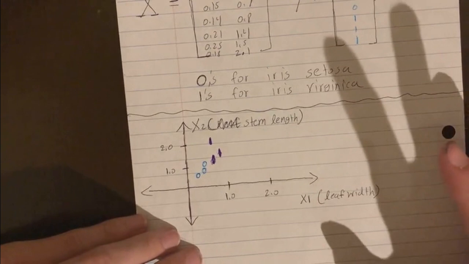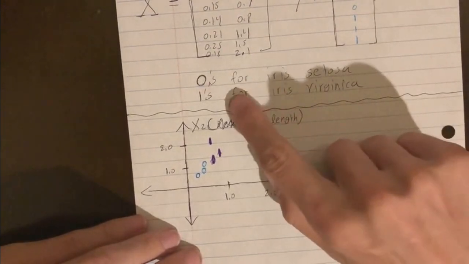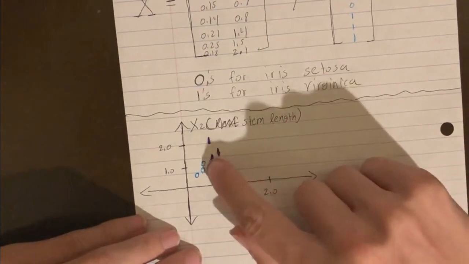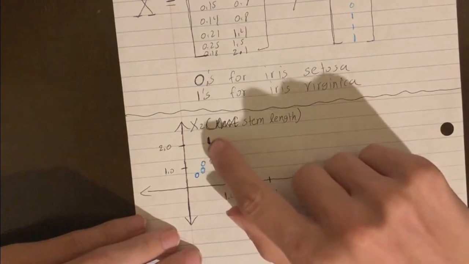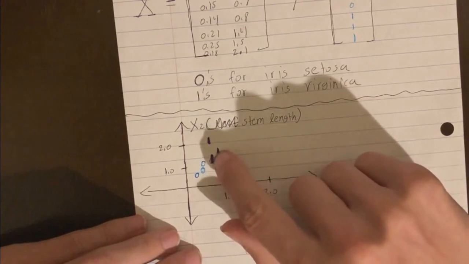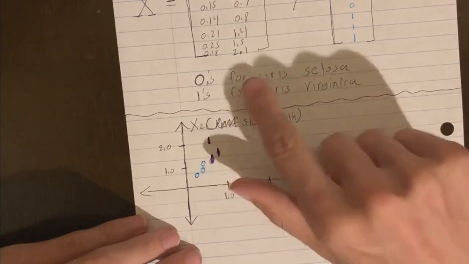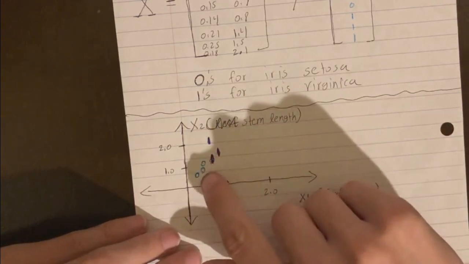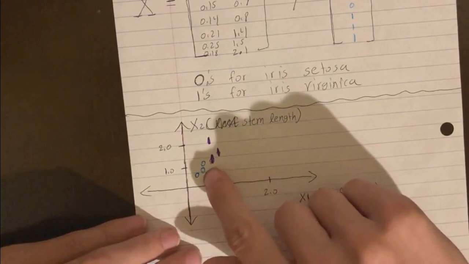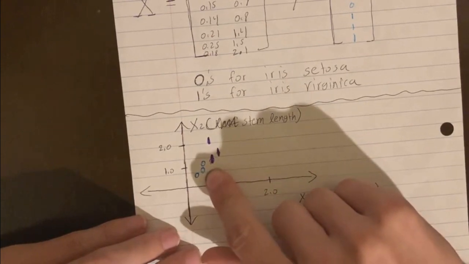All right, so here I plotted the data set, and I plotted, as I said, 1s for Iris virginica. So all these purple points that we plotted are the Iris virginica flowers, and I plotted the 0s for the Iris setosa flowers. So all these 0s here, or these light blue data points, are all the Iris setosa flowers.